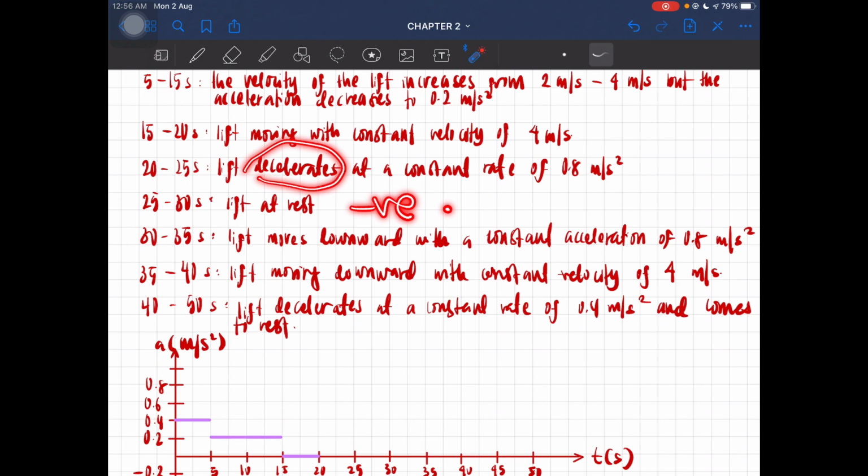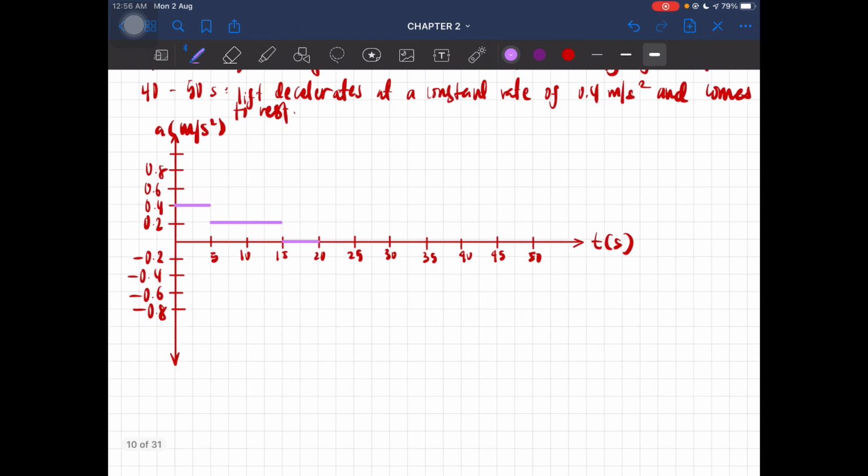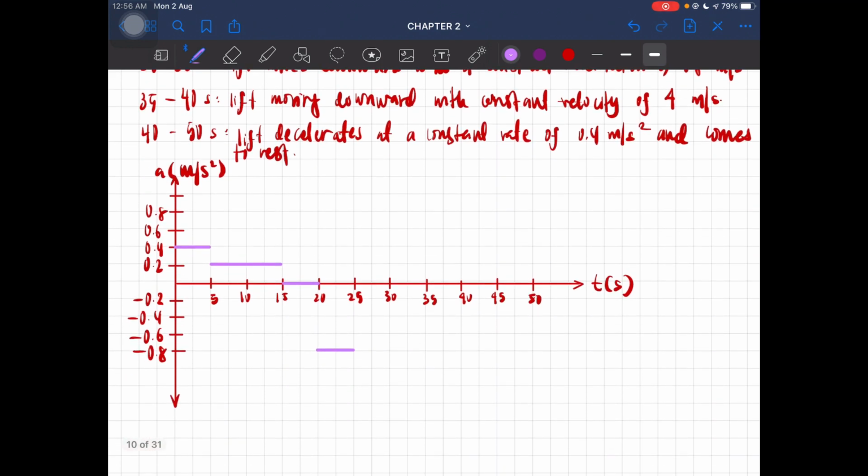So it is decelerating at constant rate of 0.8 lah. So we can draw garis 0.8, 20 to 25 seconds. Okay, lepas tu at 25 to 30 seconds pula lift at rest, so there's no acceleration.